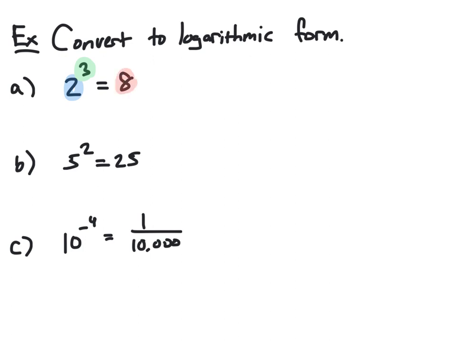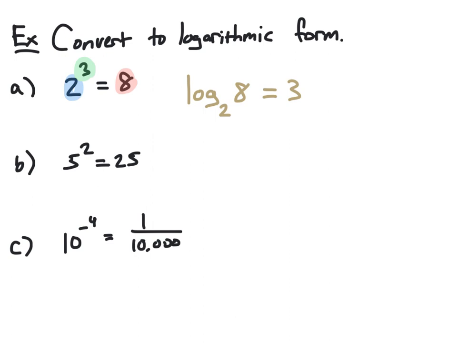And so when we convert this to logarithmic form, we're going to have the logarithm base 2 of the number that we obtained, which is 8, and that's going to equal the exponent of 3. So 2 cubed equals 8 converts to log base 2 of 8 equals 3.